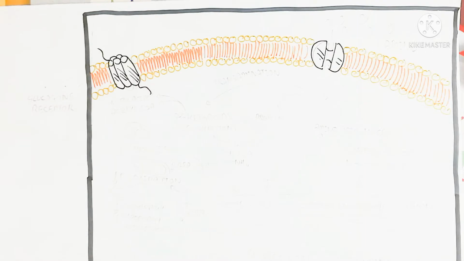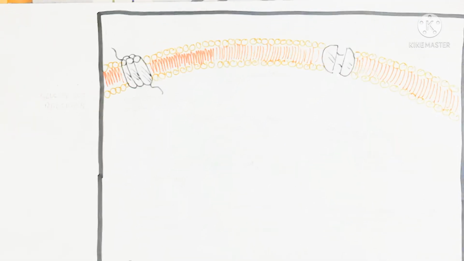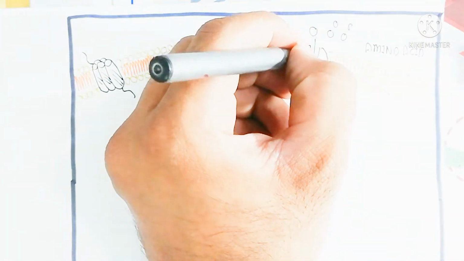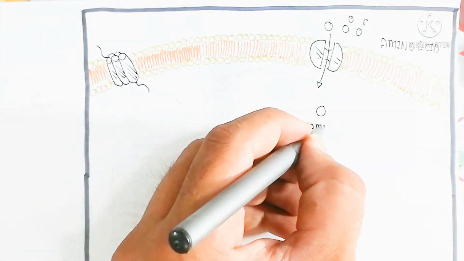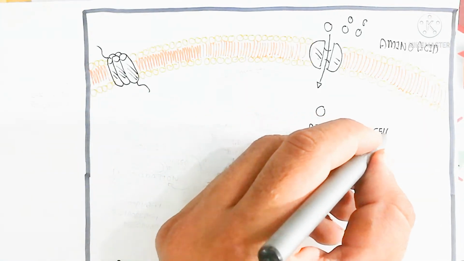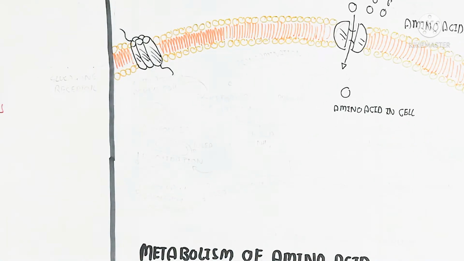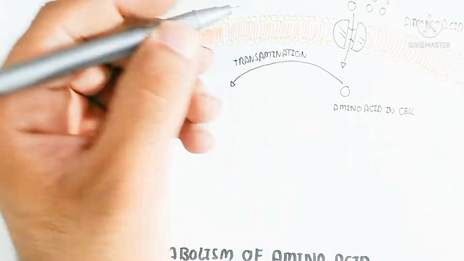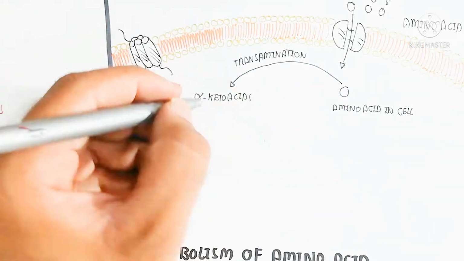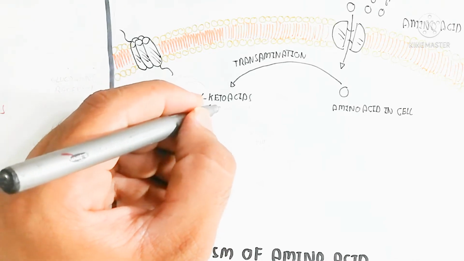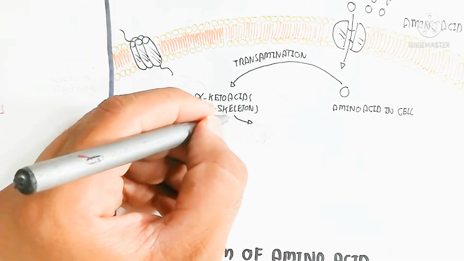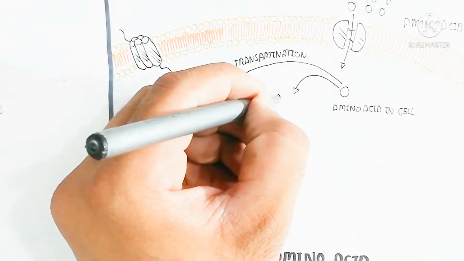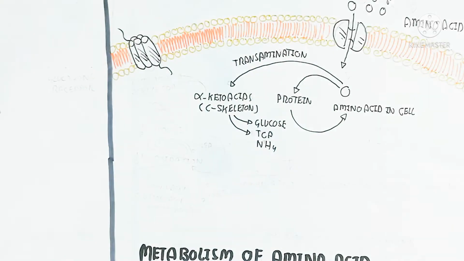The hepatocyte is very important and plays an important role in beta oxidation, and there are a lot of other things. This is the glucagon receptor as well as the amino transporter. When the amino acid moves into the cell, transamination will produce the alpha keto acid, the C skeleton, which can be converted into glucose or go into the tricarboxylic acid cycle and produce amine.